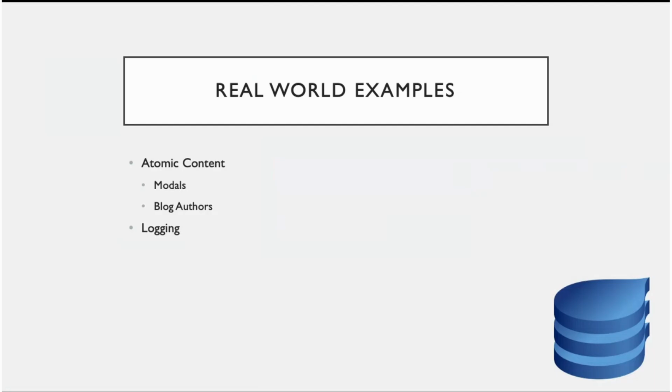So some real world examples. I was talking about the modals and the blog authors. We also use this for logging. We have two kinds of search on our main website, and we're trying to figure out what the winner is of which search is better. And so we needed a robust way to log, and we obviously didn't want to create nodes.